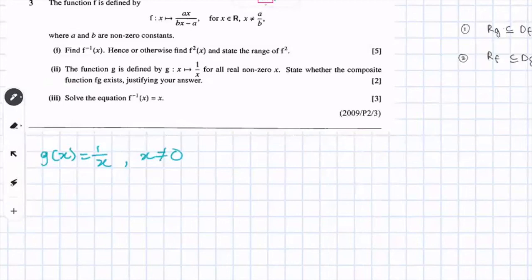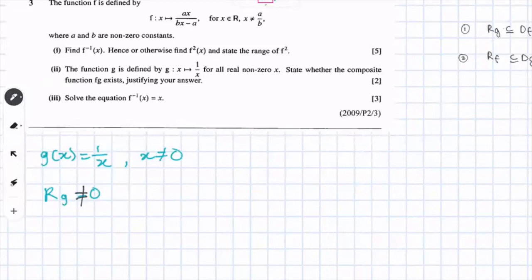Is it 0? That means 1/x is not equal to 0. Not equal to 0. And so this range of G needs to be within the domain of F.